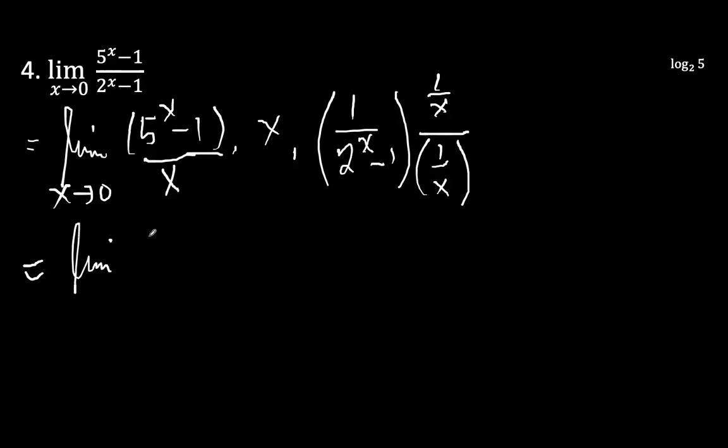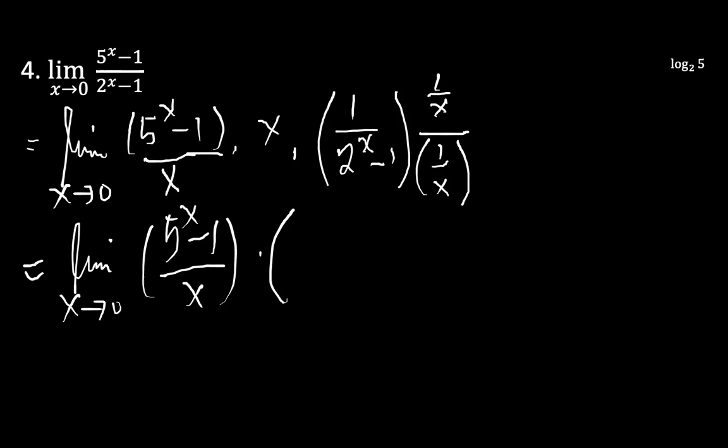So we have the limit of 5 raised to x minus 1 over x as x approaches 0 times, all right, we can do that. What can we do about this? So we can write the 1 over 2 raised to x minus 1 over x because of this.